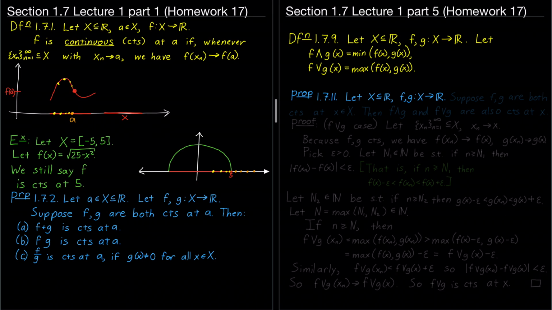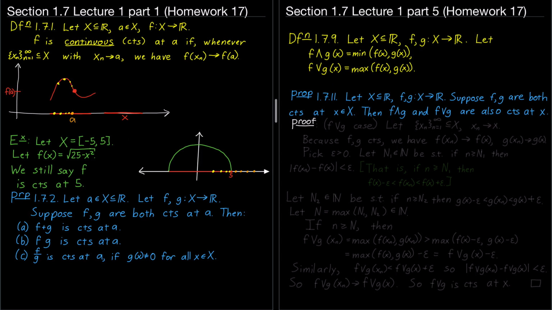And let's suppose that f and g are both continuous at the point, let's say, little x in X. Then these two functions, the max and min of f and g, are also continuous at our point x. And the proof is pretty straightforward.